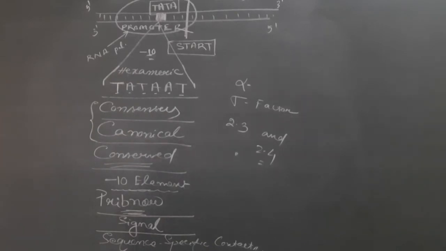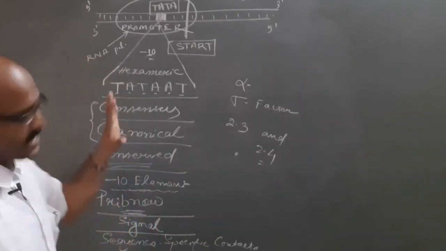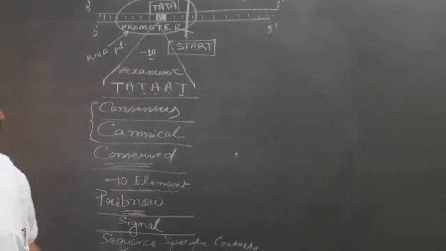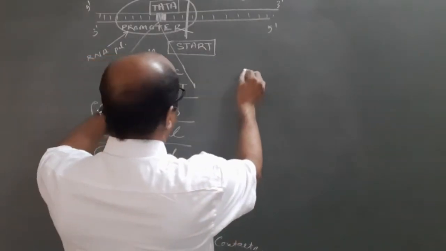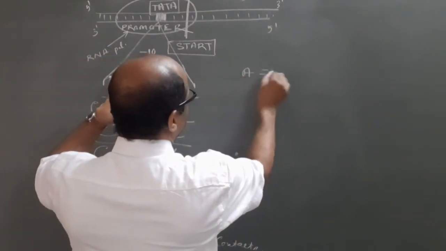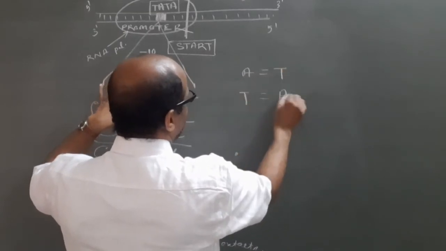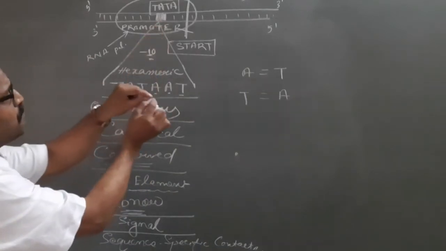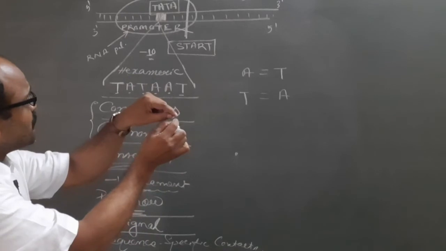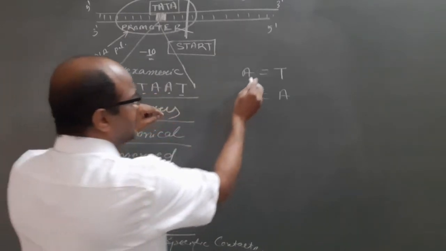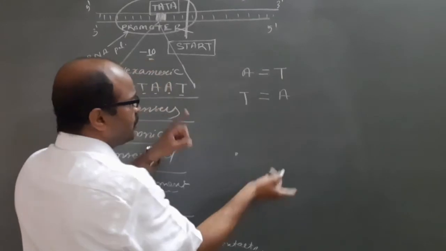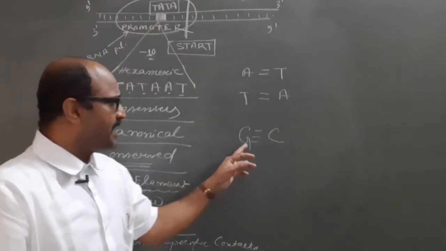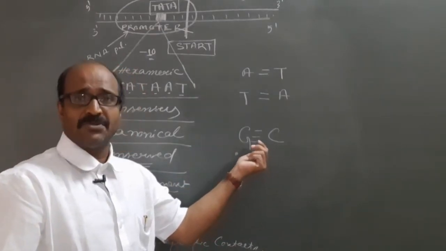prokaryotes. Okay. So here there is the Tata box. Here there are 2 hydrogen bonds between A and T. So this region is energetically easy to melt out, easy to denature. Why? Because it contains 2 hydrogen bonds, as compared to G and C, where there are 3 hydrogen bonds.